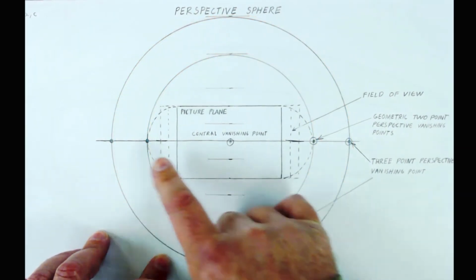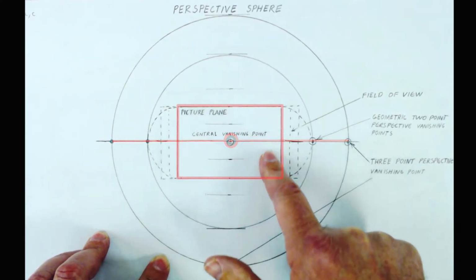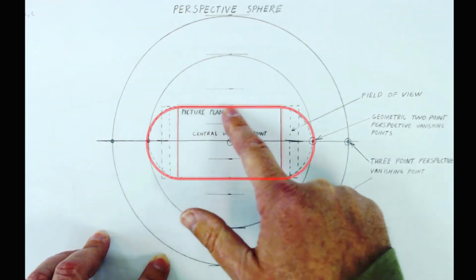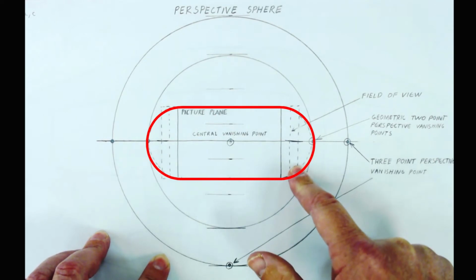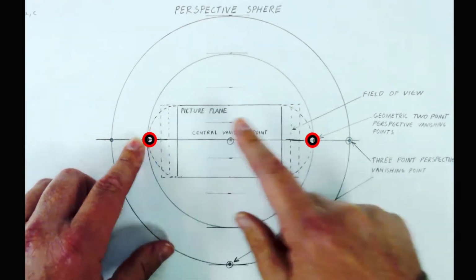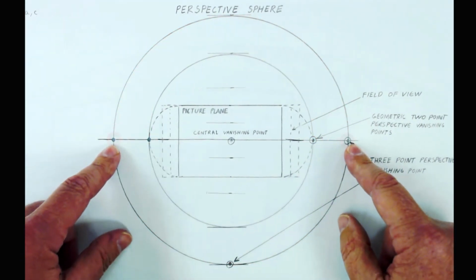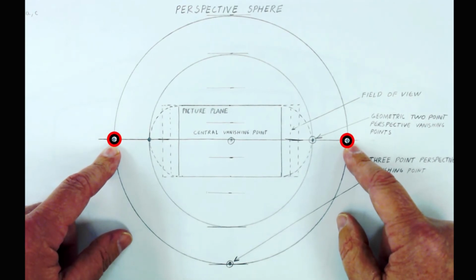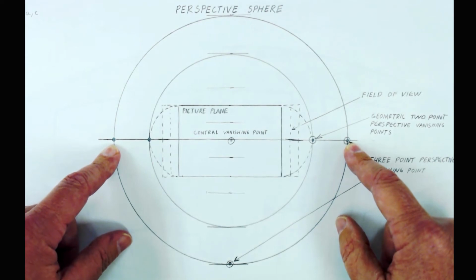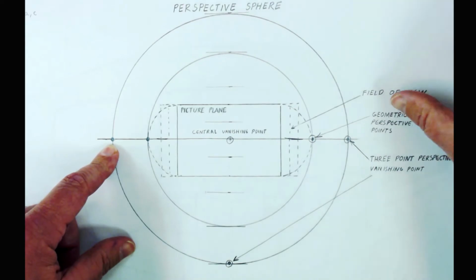So if I've got my old-fashioned horizon line right here, and I've got my picture plane where I've got my piece of paper or my canvas, I've got my field of view right here, and I've got those points put on the end, and that's there because of those spokes coming down. Okay, I got that. And then I've got this, which is my points that are sort of off to infinity because it's a sphere. All right, got it. So I'm going to make the perfect 3-point perspective drawing now. Let's take a look at what it would look like.